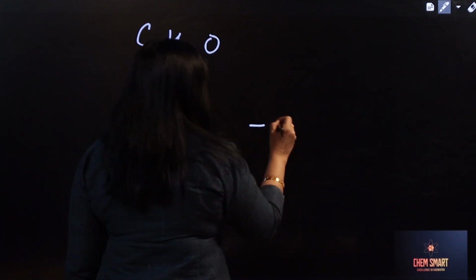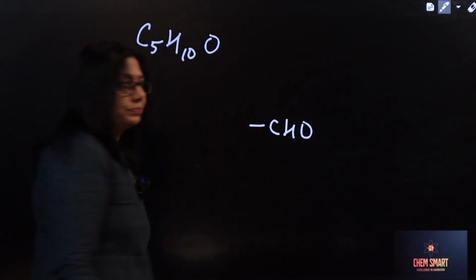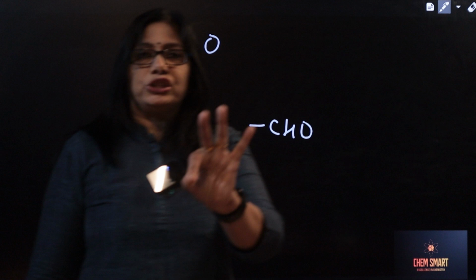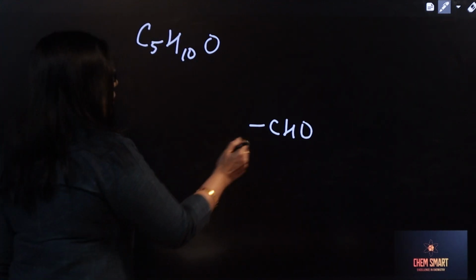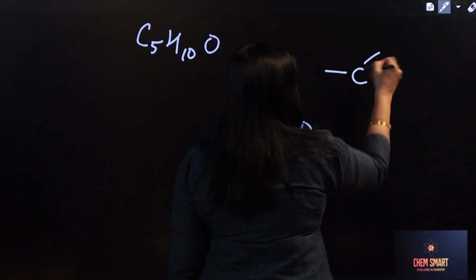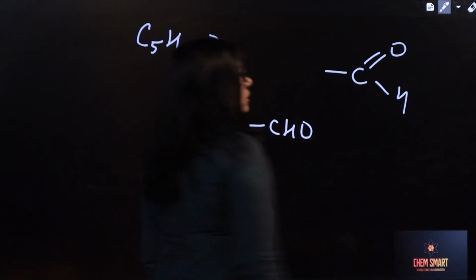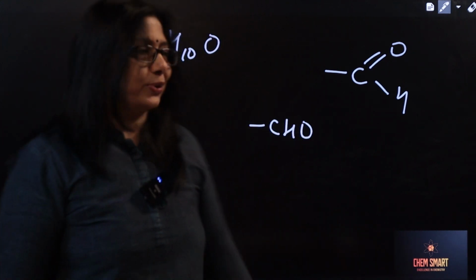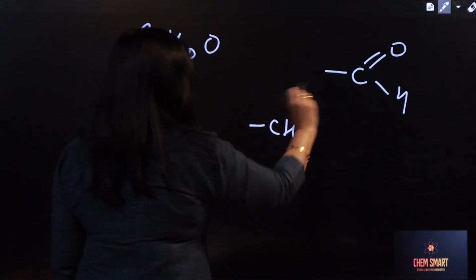So it should be an aldehyde to reduce Tollens reagent, and then it should have a chiral carbon. So this carbon cannot be chiral. This is C double bond O. Double bonded, triple bonded carbons are not chiral. Register that also.